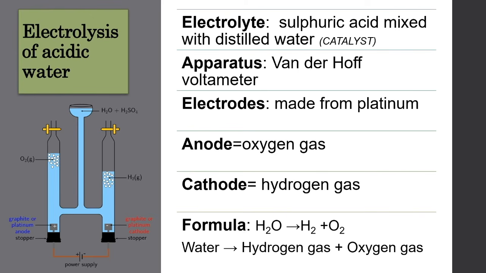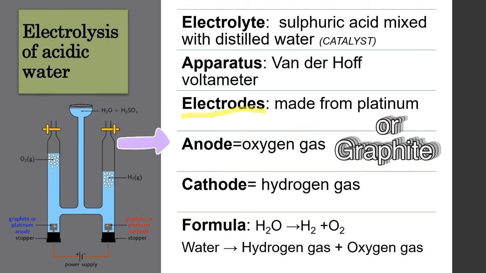Now sulfuric acid is considered a catalyst. A catalyst will allow a reaction to take place, but does not undergo any permanent chemical change itself. So it is there to ensure that the chemical reaction takes place, but does not play a role in the chemical reaction at all. The apparatus which we use is a Hofmann voltameter. What's important to remember in this one is that the electrodes are made of platinum.